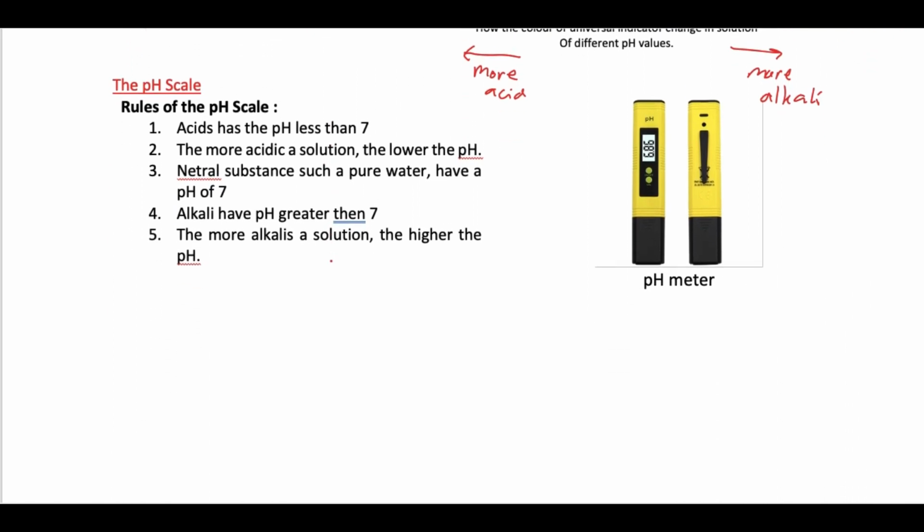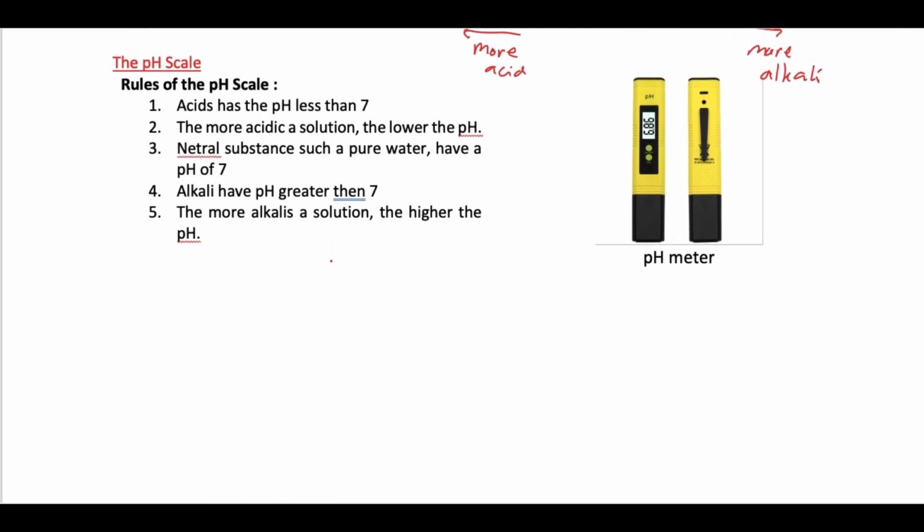Okay, the scale of pH. Rules of the pH scale. One, acid has a pH less than 7. Two, the more acidic a solution, the lower the pH. Neutral substances such as pure water have a pH of 7. Alkali have a pH greater than 7. The more alkaline the solution, the higher the pH.